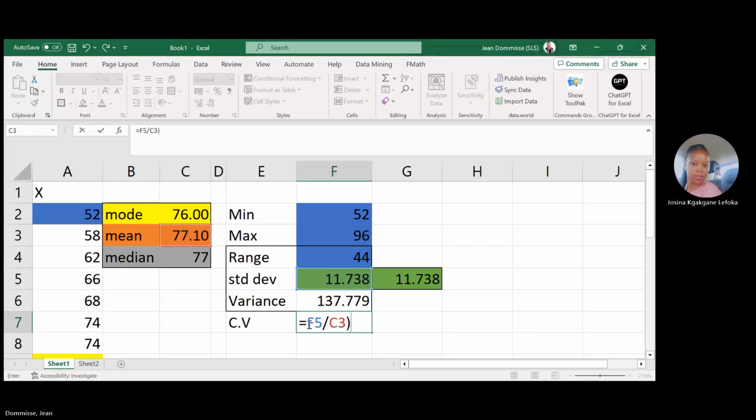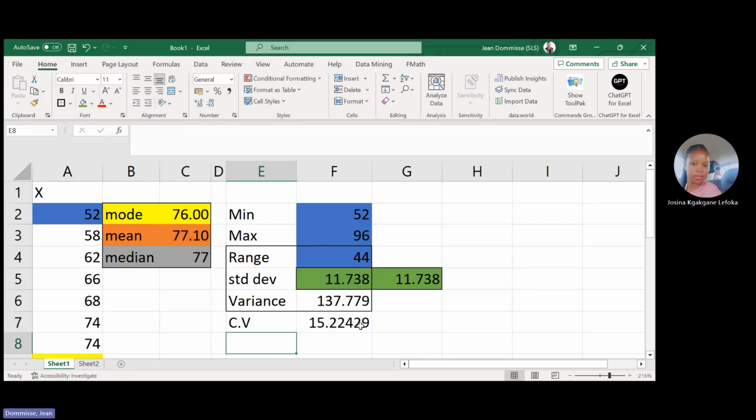And we always need to multiply that by 100 as we want it as a percentage. Okay, so our answer would be 15.22% for the coefficient of variation.